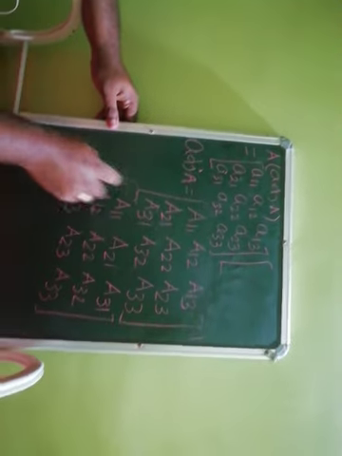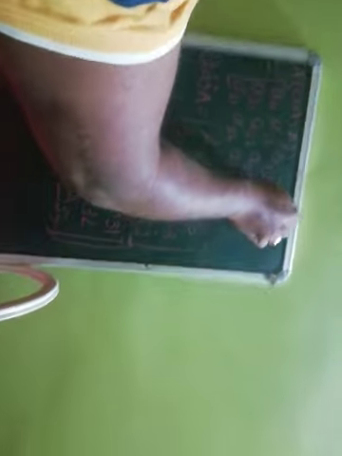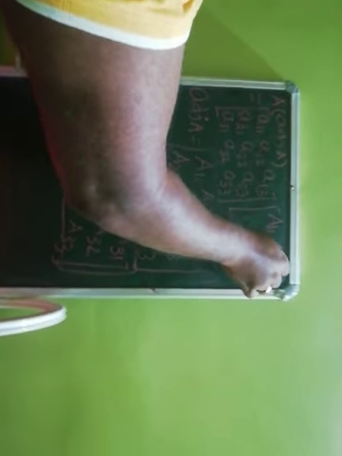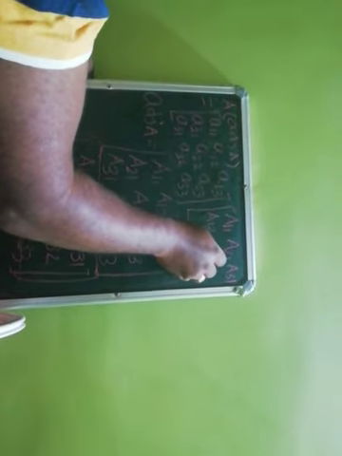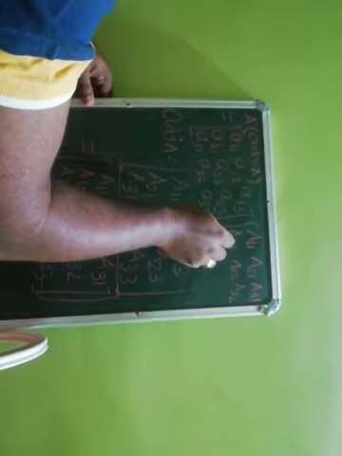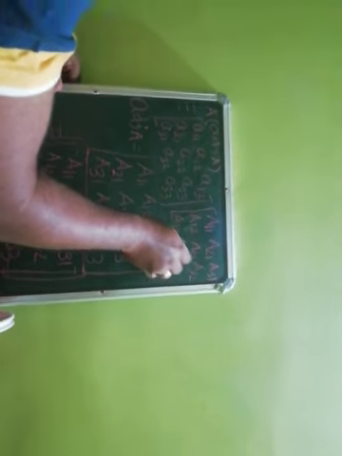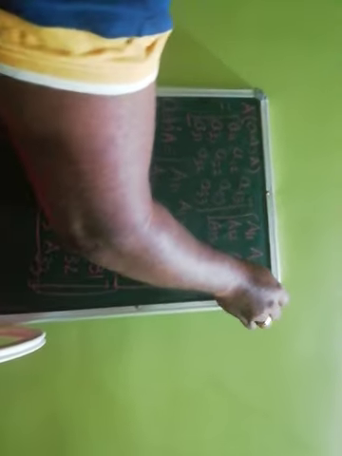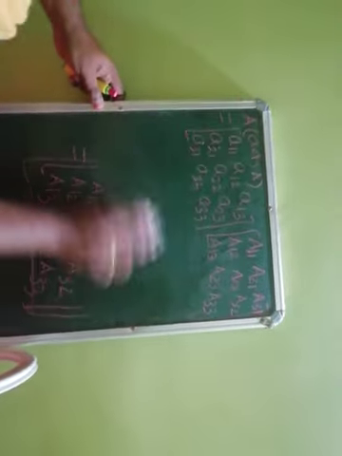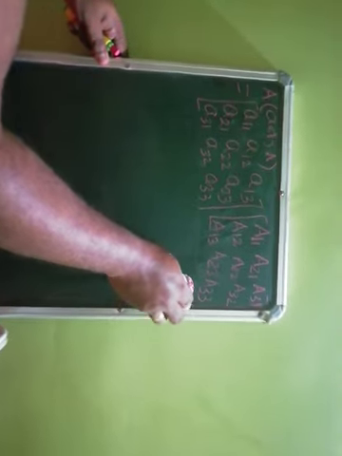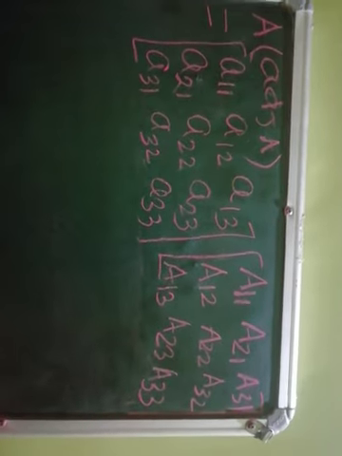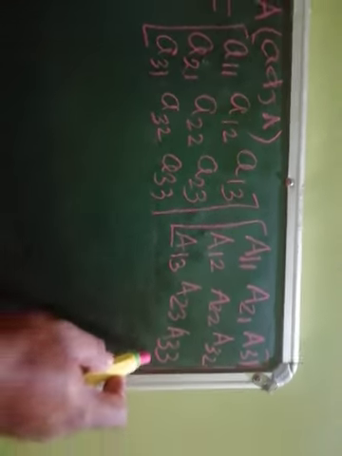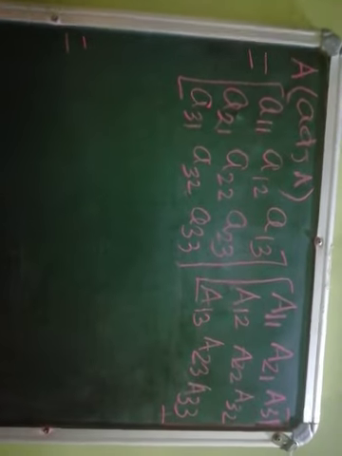This is the adjoint of A. So capital A11, A21, A31, A12, A22, A32, A13, A23 and A33. Let us see what is happening when we are multiplying. And again you recall the concepts which we had derived in the previous concept, that is minor and cofactor. Now how to multiply?